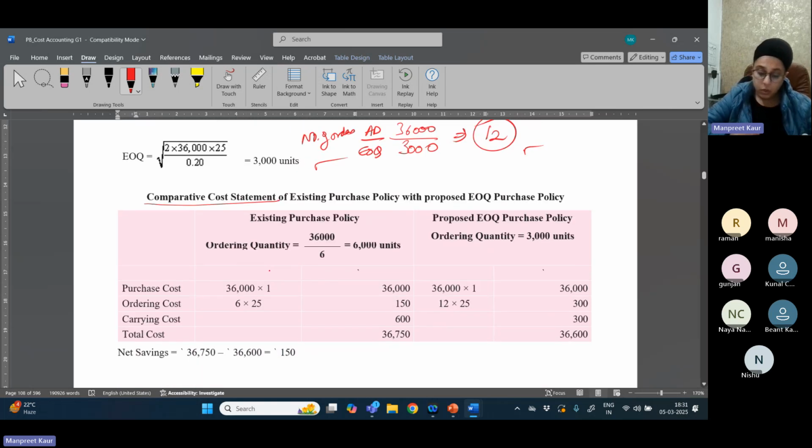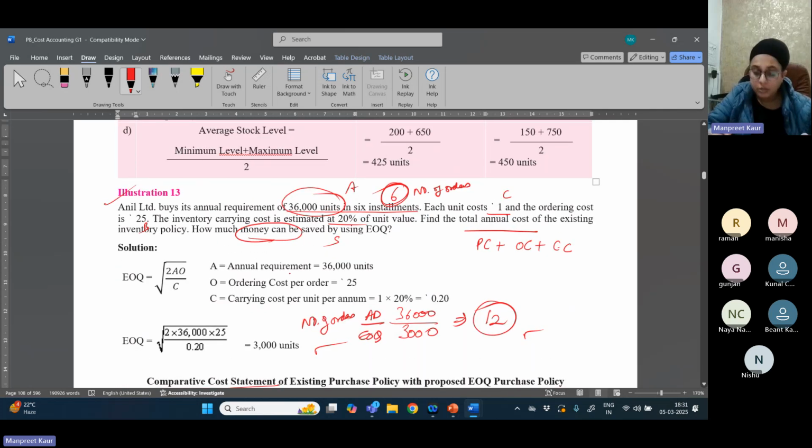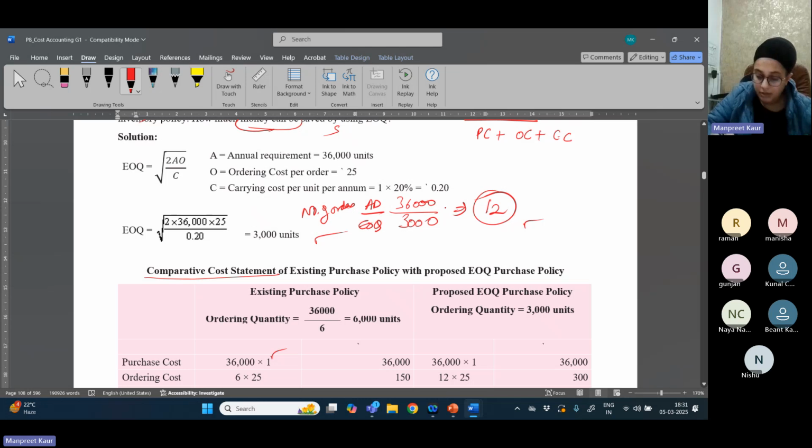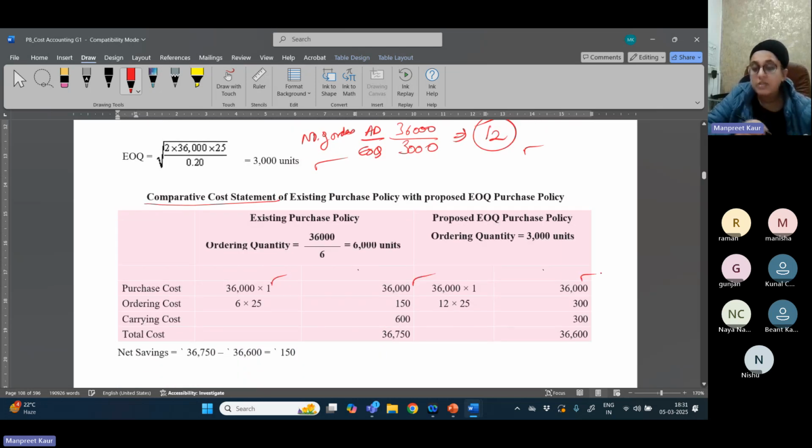So purchase cost is 36,000 into 1, because the unit cost is rupees 1 in both cases. Purchase cost in both cases is 36,000, but ordering cost is rupees 25 per order.